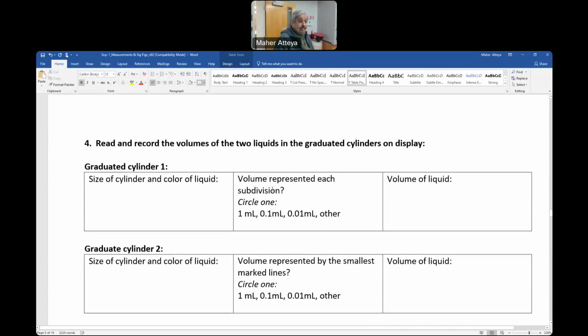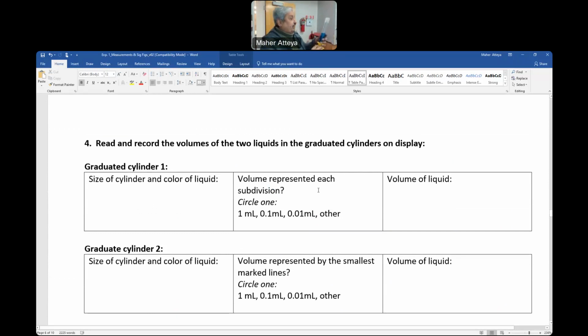So now you will come and read those two here. In this number 4, you read the color of the liquid. One is blue, correct? You write it blue in this, and then the volume represents each subdivision.